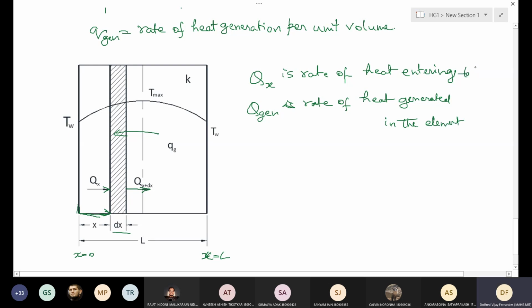Tell me what is the rate of heat generated within the element.